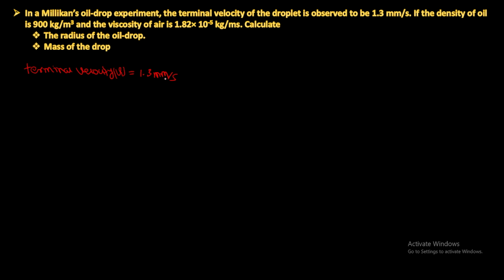This is not the SI unit, so we have to convert into the SI unit. Then we will get 1.3 into 10 to the power minus 3 meter per second. So this is the terminal velocity in the absence of electric field.